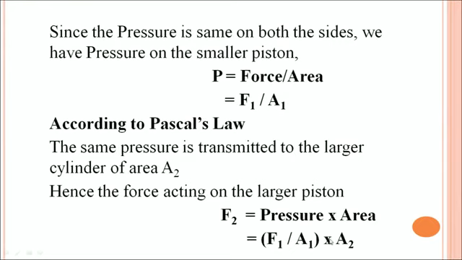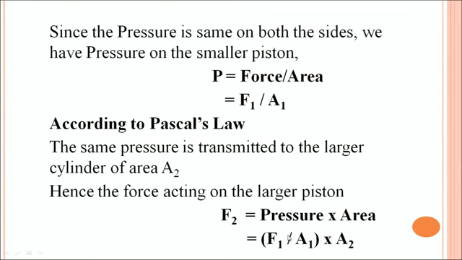Now, according to Pascal, as we have already explained, it is denoted mathematically. F2 is the amount of force exerted on the larger area. Here, the pressure on the smaller side is given by F1 by A1, and for the larger side it is given by F2 by A2.